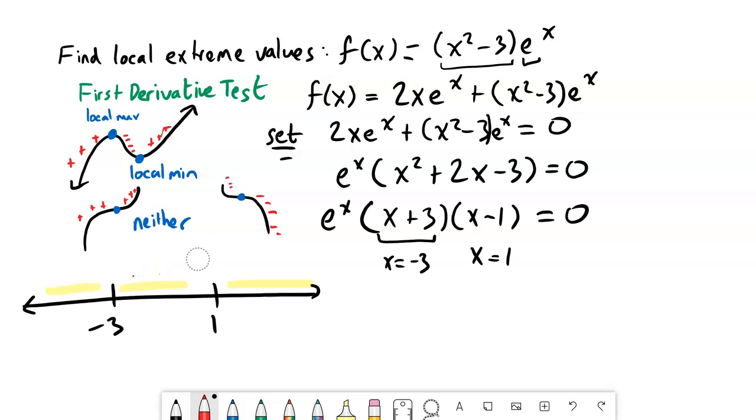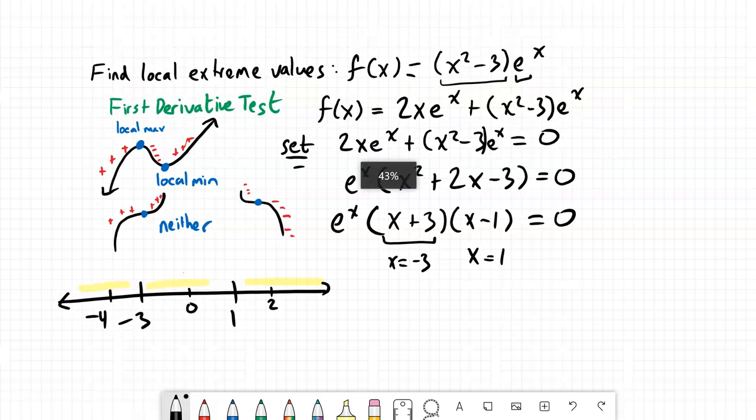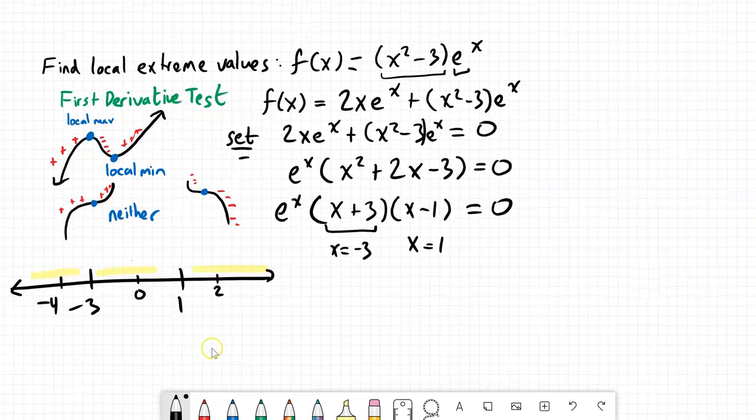And then with that, we use the fact from the first derivative test that if it changes sign, it's either a max or a min, or neither, depending on what the sign is. So we take a couple of test points. I want to take 0. 0 is always easy to plug in. 2 is easy to plug in. And let's just go negative 4. So this is the test. Let me scroll to the right.